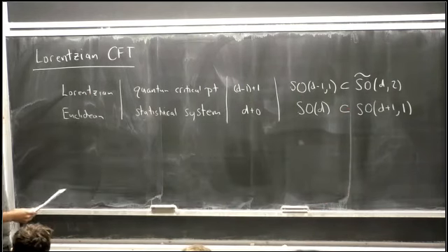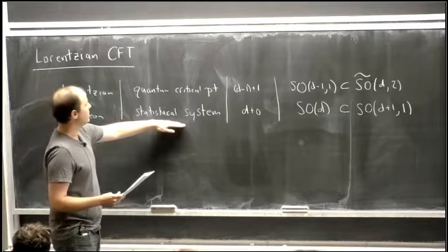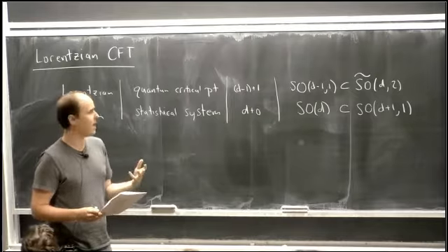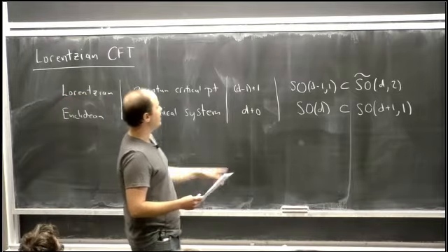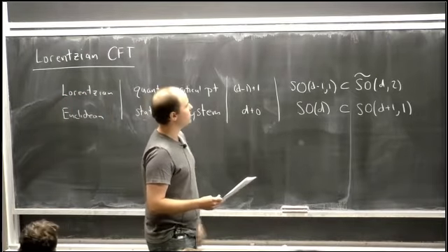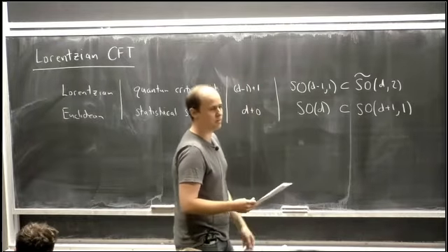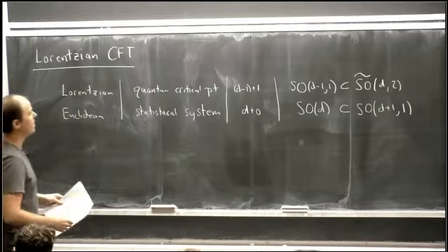Meanwhile, Euclidean CFTs describe equilibrium statistical systems at criticality. They have d spatial directions, 0 time directions, and their symmetry group includes SO(d), the rotation group in d dimensions.